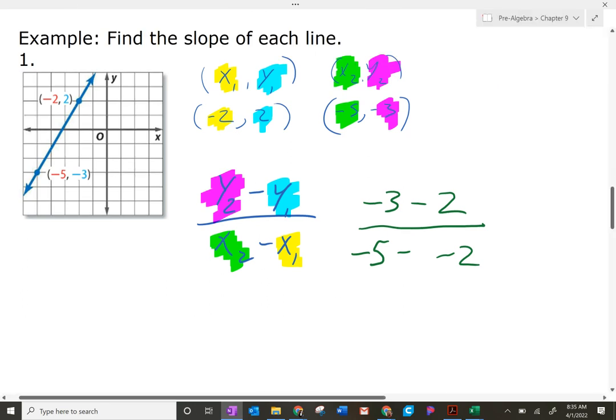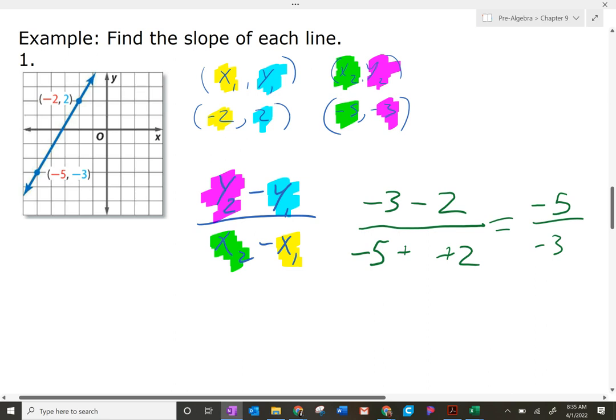Plus a positive, right? Okay, so again, I wrote my whole entire equation out. Now that I see that they have 2 negatives in a row, I'm just going to put those as plus a positive. I get -3 minus 2 on the top, so I will have a -5. On the bottom, I've got -5 plus 2, so -5 plus 2 is going to be a -3.